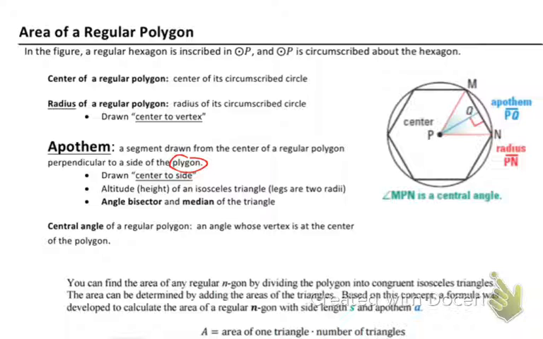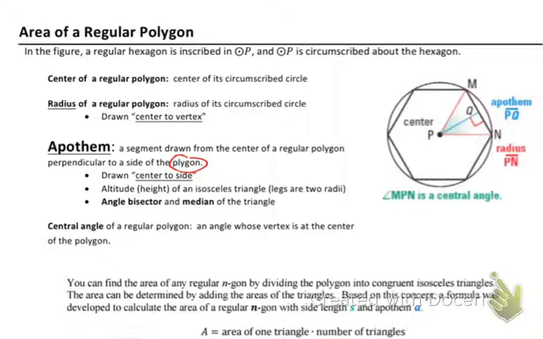Okay, so we have an apothem. Now I can't stop hearing it. He's going to say it at home. We got this A word, right? Wait, that almost sounds worse. We have an apothem. A word sounds worse, I think.